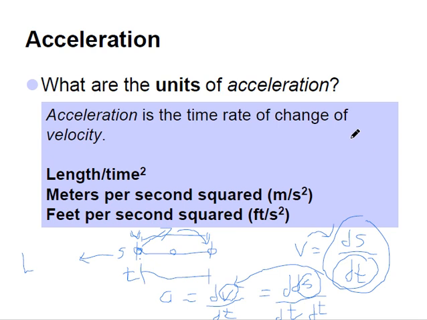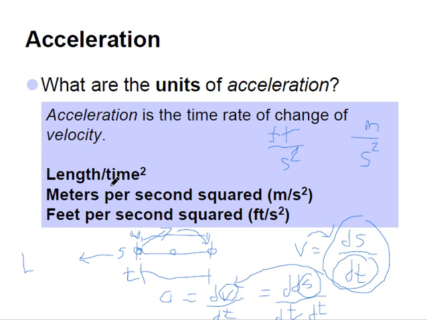So your acceleration unit is length divided by time squared, in this case second squared. Another one, the US customary system: feet divided by time squared, which is second squared for this unit. All right, so this has got to be in your brain every time you read this.